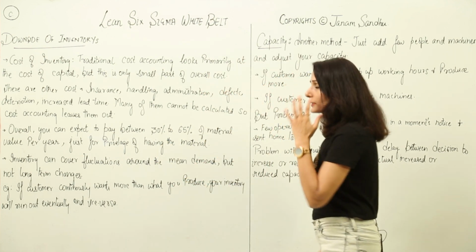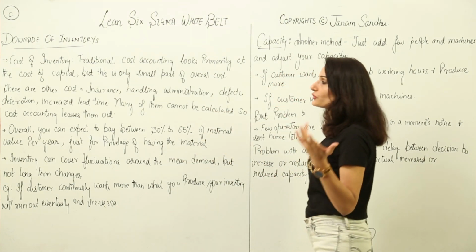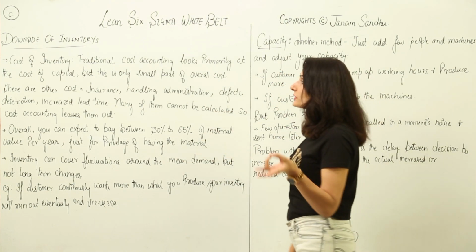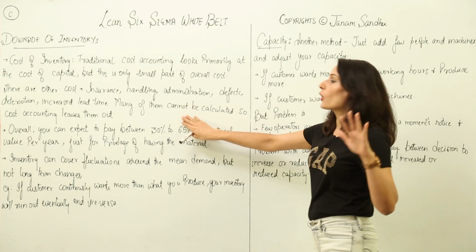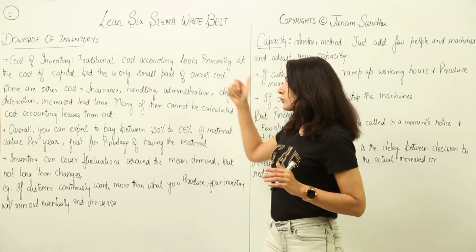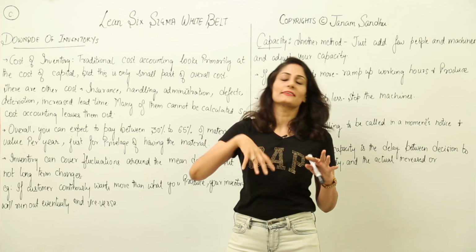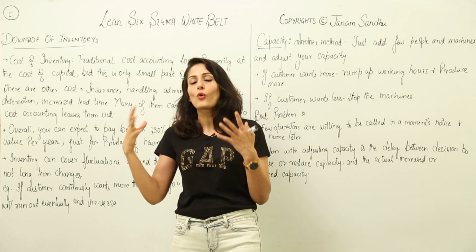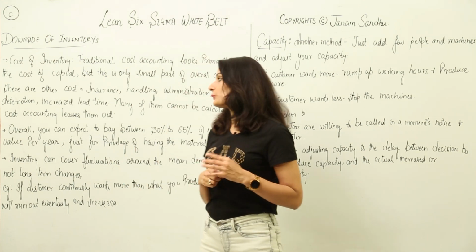There are other costs like insurance, handling, administration, defects, deterioration, increased lead time, and many of them cannot be calculated to the T. So, the cost accounting leaves them out, and due to this companies think that it's okay to go overboard with inventory and then decouple fluctuation.